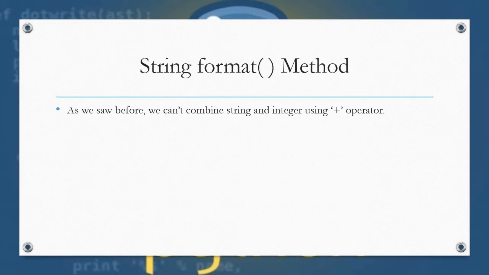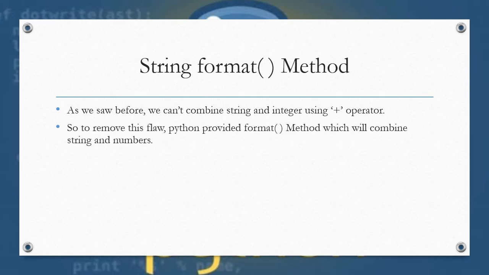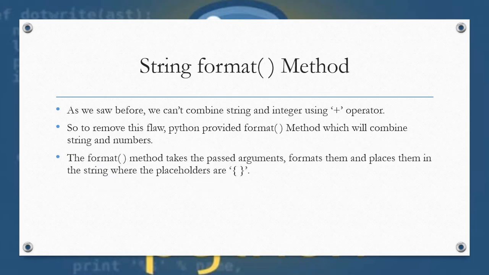Now what if we want to combine a string and an integer? For that we can use the string format method. As we saw before, we can't combine a string and an integer using the plus operator. So to remove this flaw, Python provided the format function, which will combine strings and numbers.